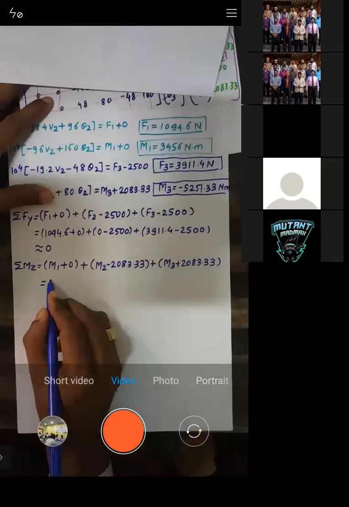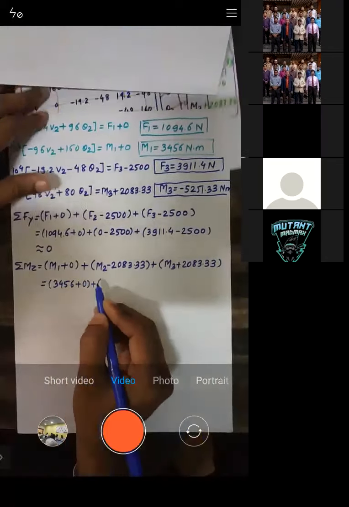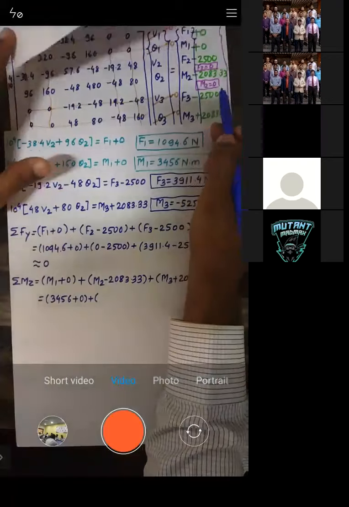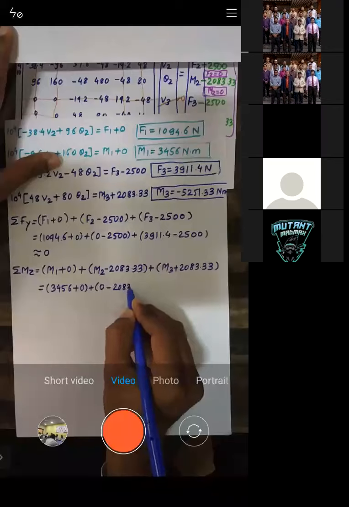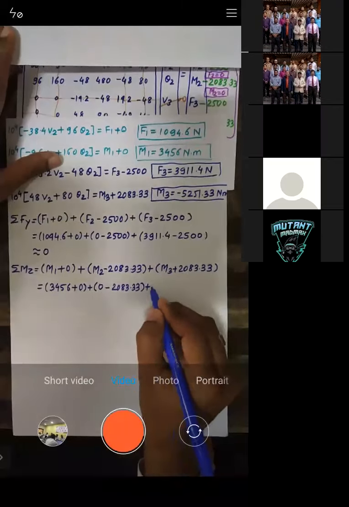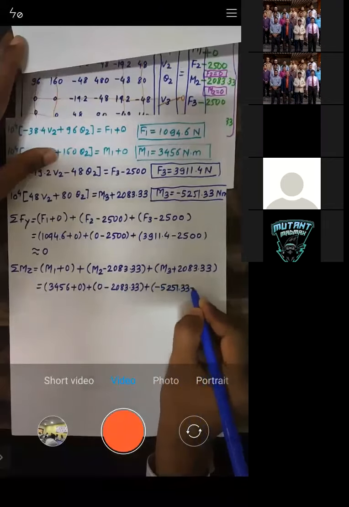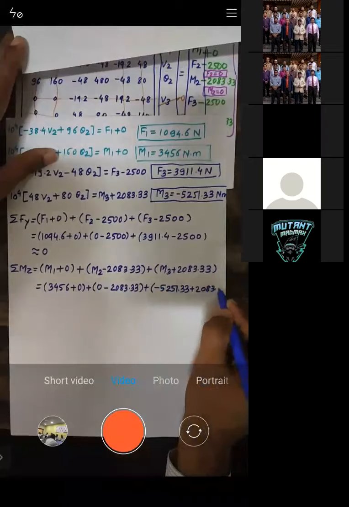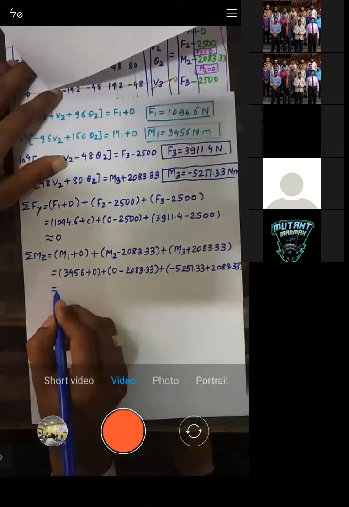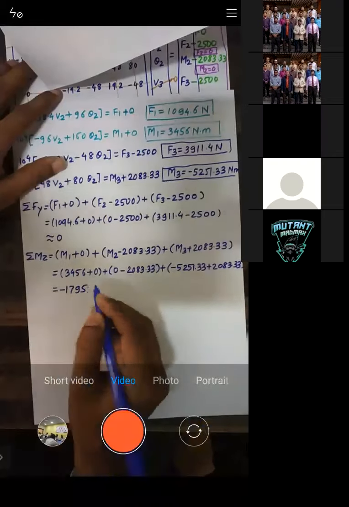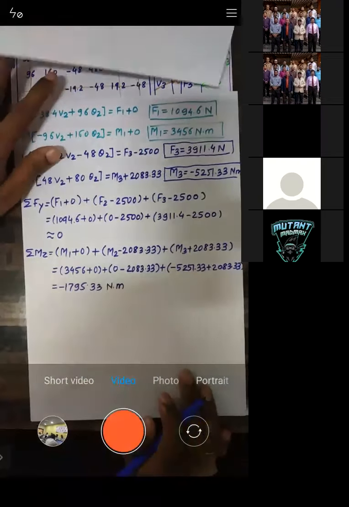M1 is 3456 plus 0 plus M2, no moment I applied at node 2, so it is 0, minus 2083.33 plus M3, which is minus 5251.33, plus 2083.33. When we calculate, this will come to be minus 1795.33 Newton meter.